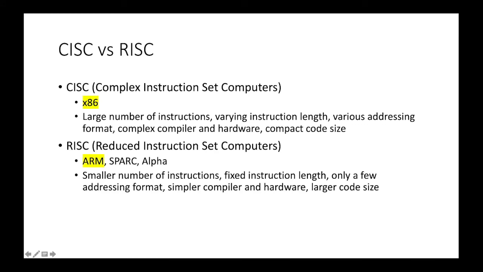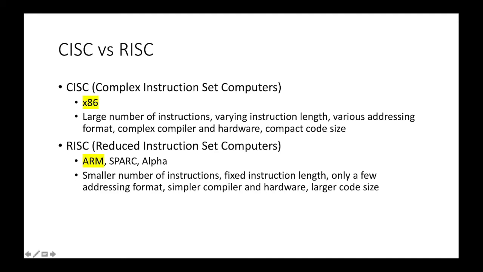Let's talk about two types of processors designed with different philosophies: CISC and RISC. CISC, complex instruction set computers, use a large number of instructions, varying instruction lengths, and various addressing formats. It requires complex compiler and hardware, but usually generates compact machine code. x86 is a CISC processor.